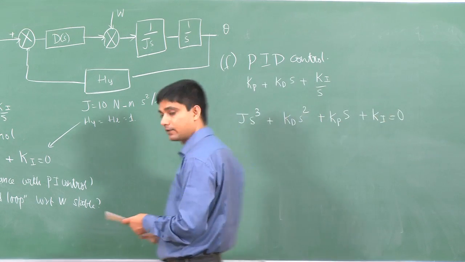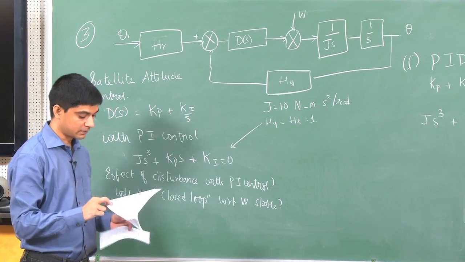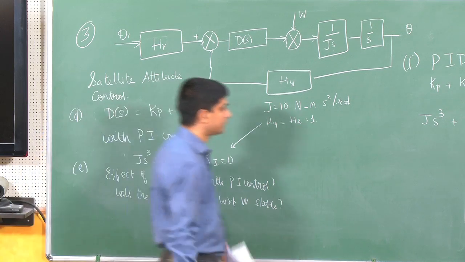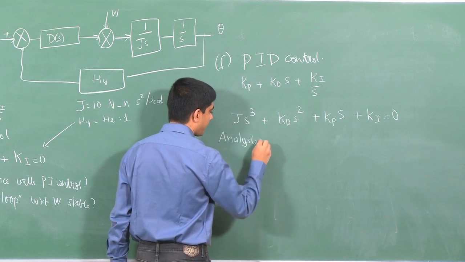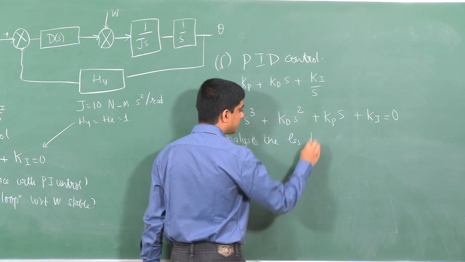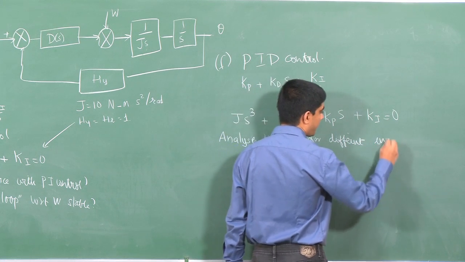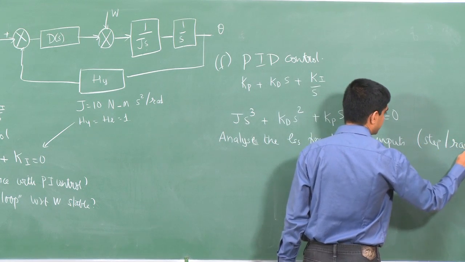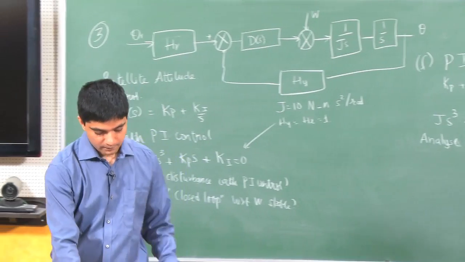So this is similar to what we had in one of our earlier examples. And now I can really find out conditions under which the closed loop system is stable. Again, I'll leave this for you as an exercise: analyze the steady state error for different inputs, maybe for a step and for a ramp. I'll leave this as an exercise because it's just a very manual thing.